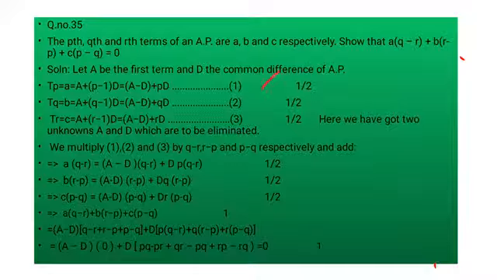Tq is equal to b is equal to a plus (q minus 1)d, that is a minus d plus qd, equation 2. Tr is equal to c is equal to a plus (r minus 1)d, that is a minus d plus rd, equation 3.